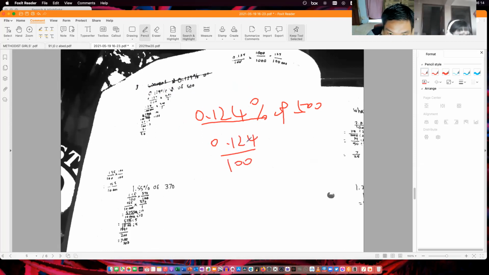So how do you change to the whole number? You times 1,000, times 1,000. So 1,000. 124. Very good. Good. Okay. Then times 500, right? So for this question, you just do this step, right? Then you can divide by the 100. Then you divide by 100 here, right?